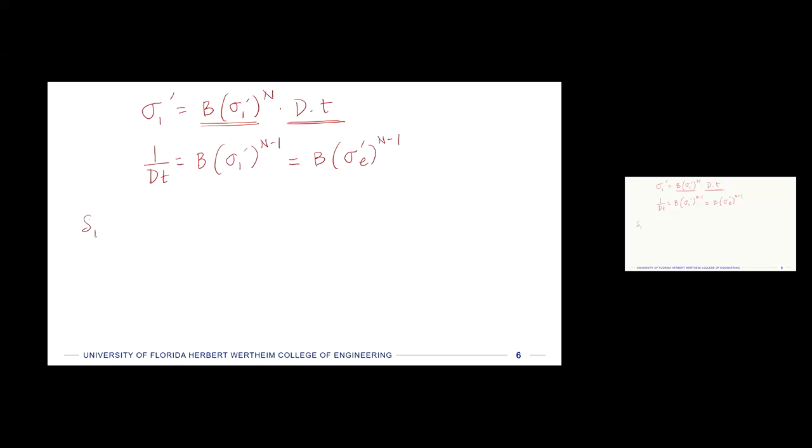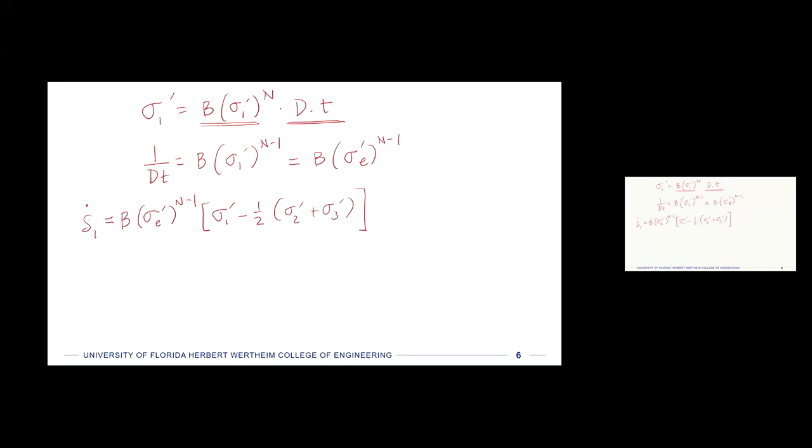So now we have delta 1 dot is equal to, instead of 1 over d times t, now we'll use this expression, B sigma prime E to the n minus 1. And then we have all of our stress terms over here, sigma 1 prime minus 1/2 times sigma 2 prime plus sigma 3 prime.